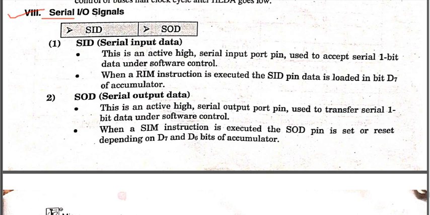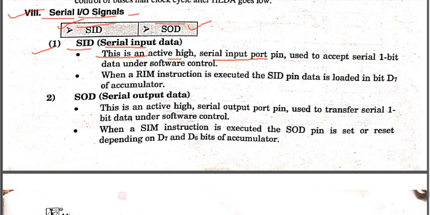Then last, the 8th category of the 8085 pinouts is the serial input output signal. There are two serial input output signals: SID and SOD, serial input data and serial output data. First we'll see SID.